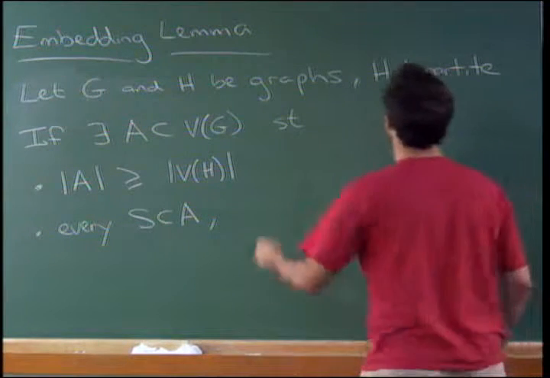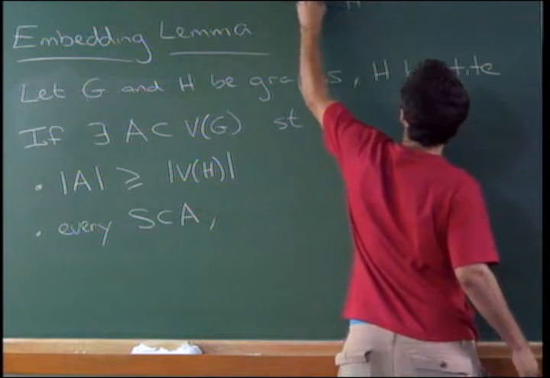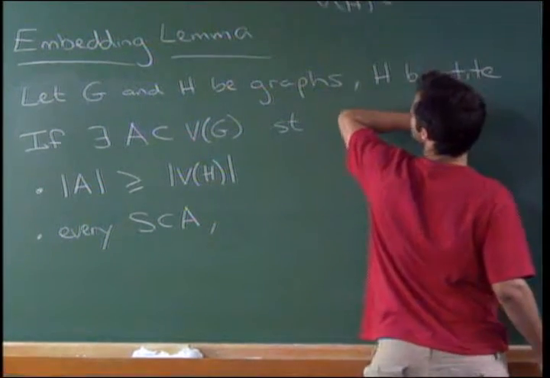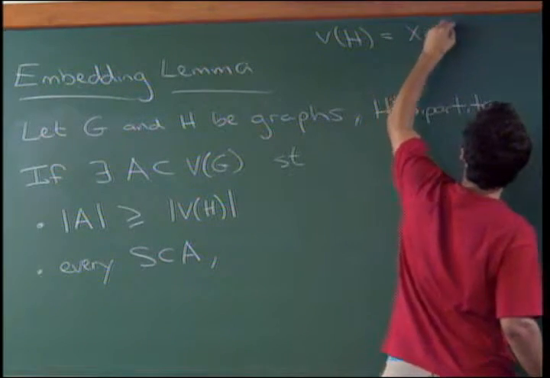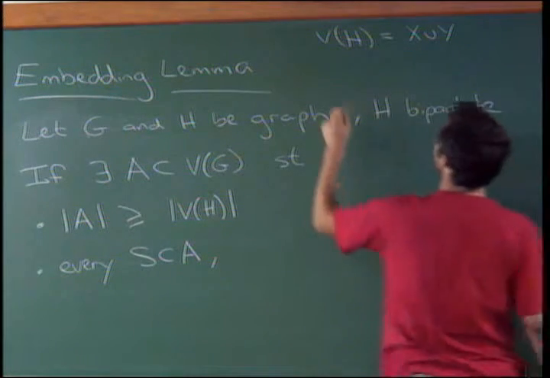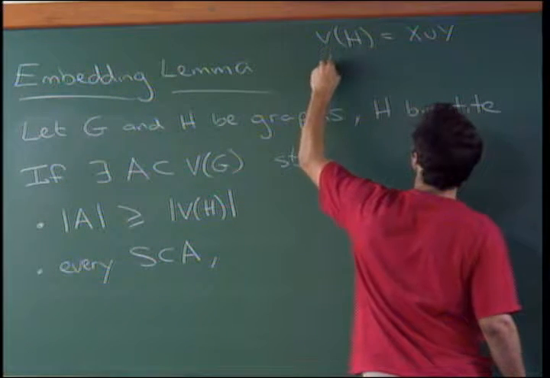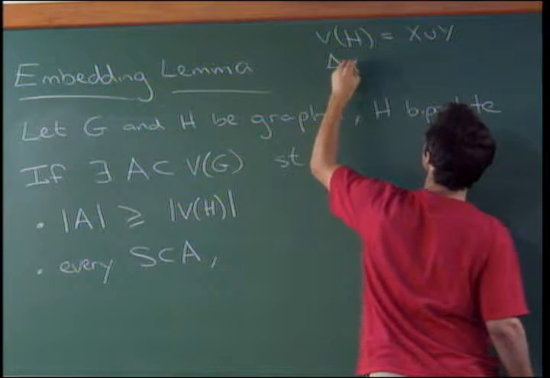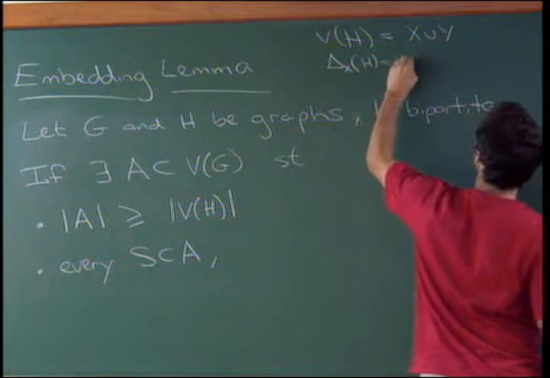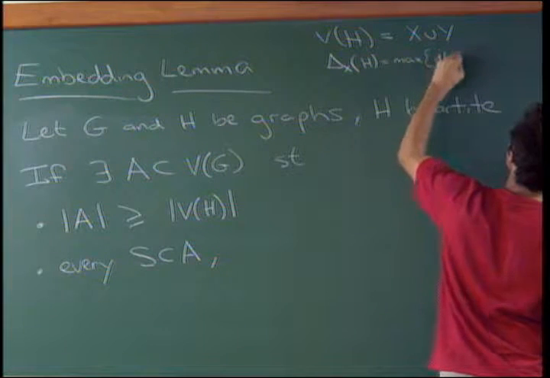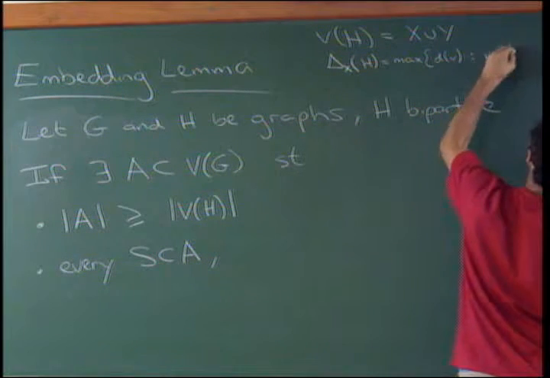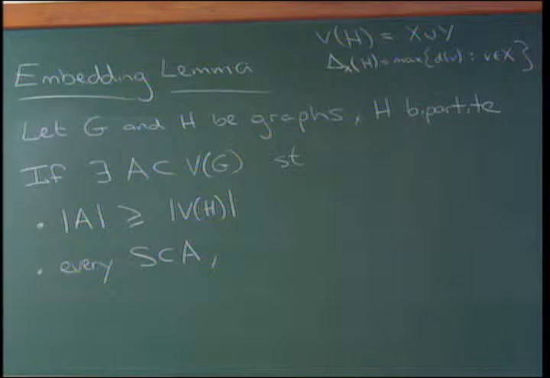Let H have vertex sets X union Y. Let delta X of H be the maximum degree of v over v in X. So it's not quite the maximum degree in the graph H, it's the maximum degree from the left. You just go out one side.